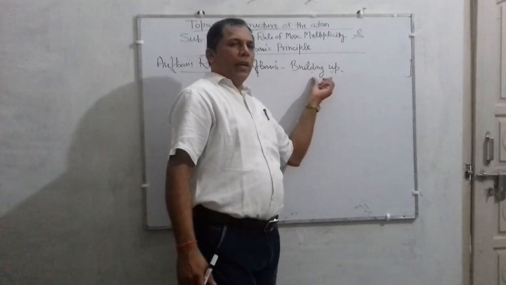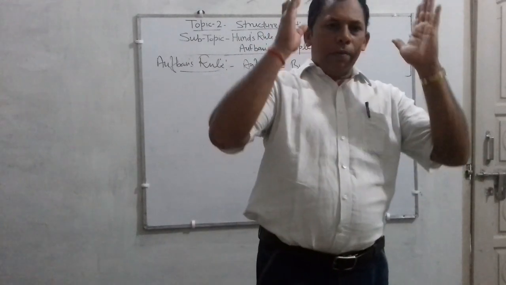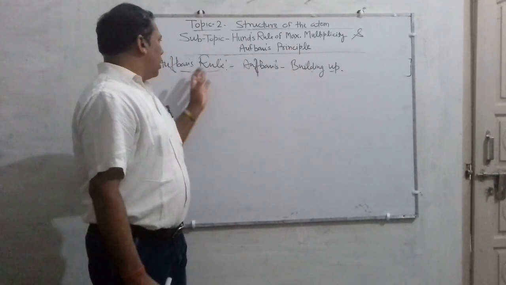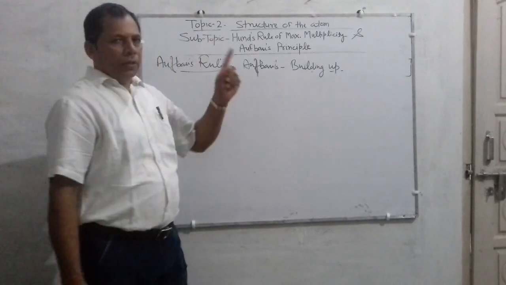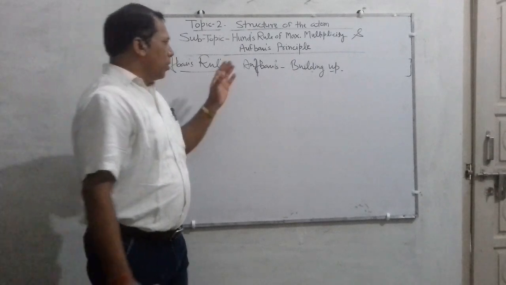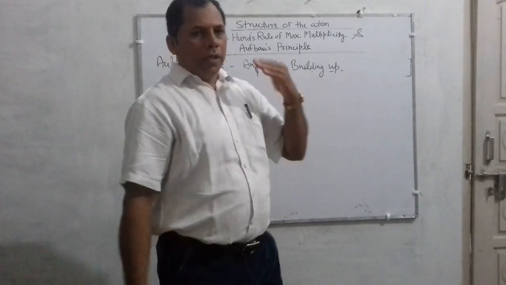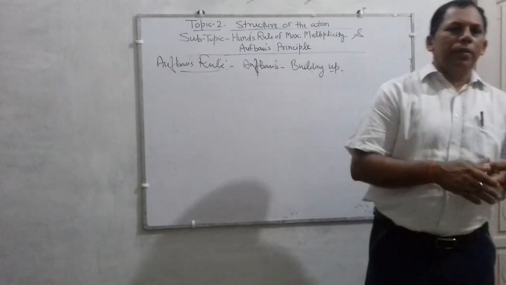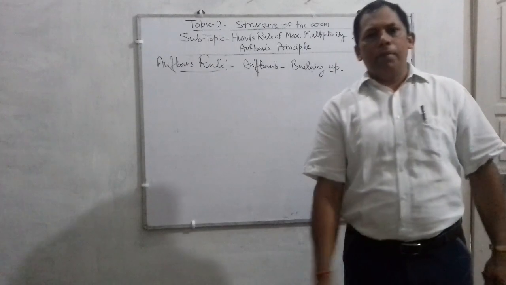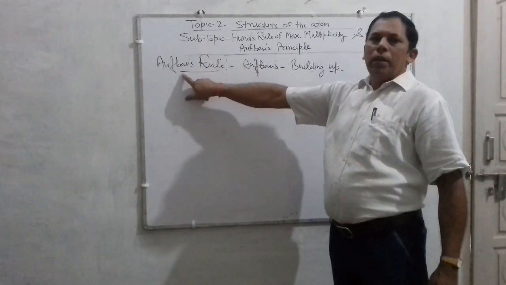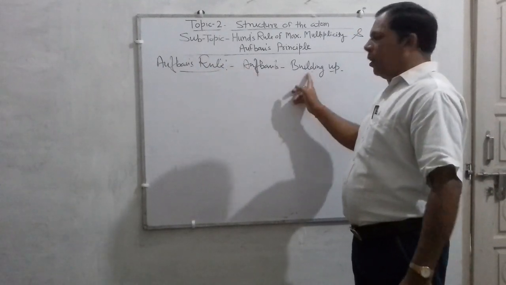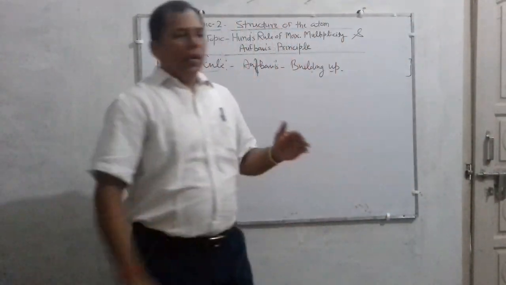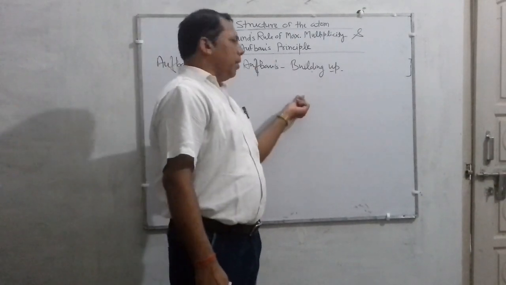According to this rule, listen sincerely, the Aufbau rule is given to fill up the electrons in the various orbitals in the increasing order of their energy levels. That is the meaning of building up.